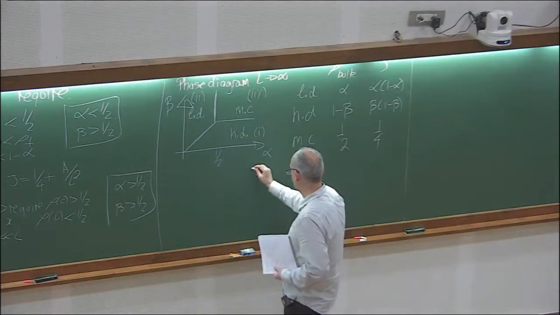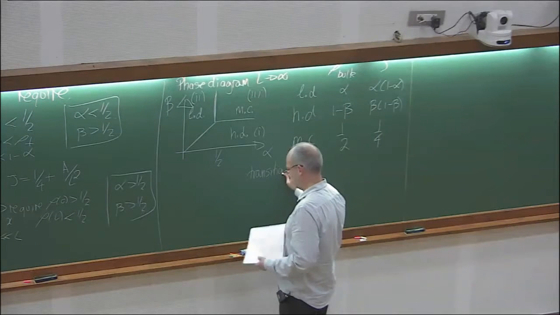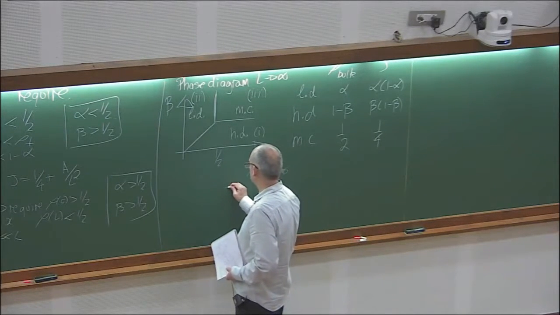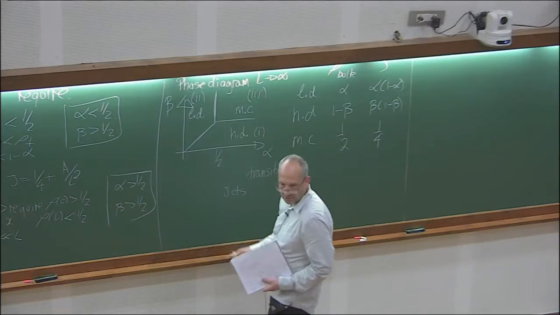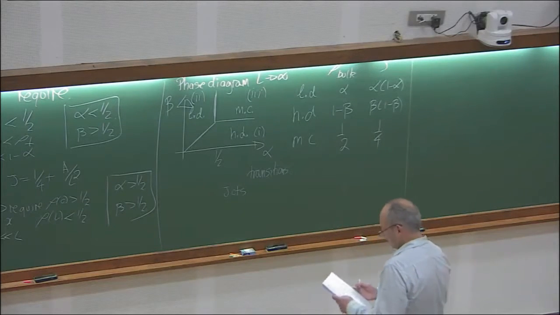So the transitions. What you'll notice is that across the transitions, J is always continuous. J is the expression for the current, and the value of the current is always continuous.